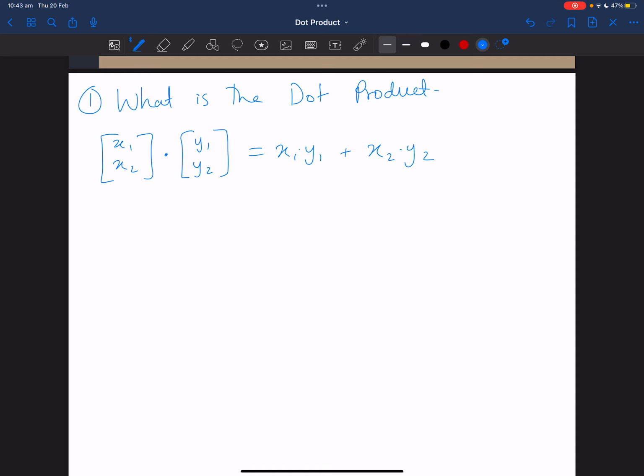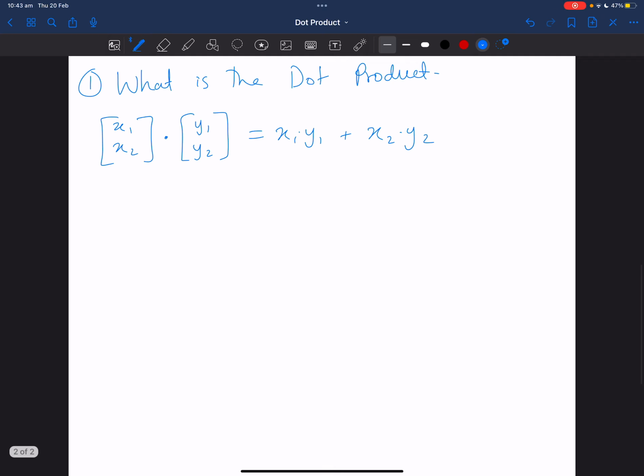This is the usual definition you first are introduced to. As a quick example, if we have the vector 2, 6 dot product with 1, 3, we just do 2 times 1 plus 6 times 3. And so in this case, it would be 20.